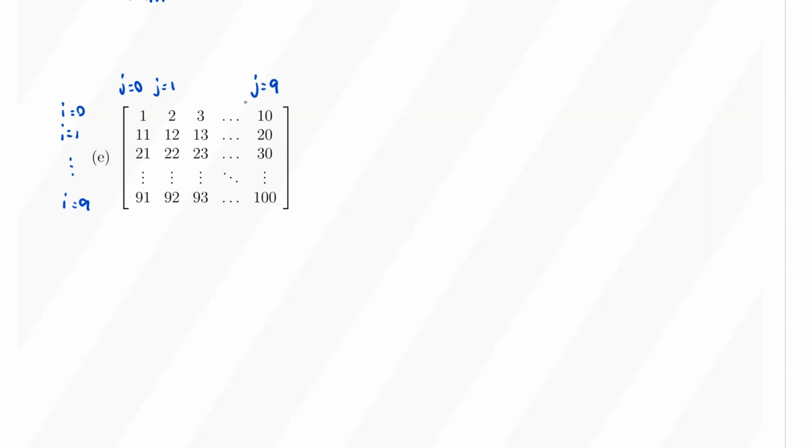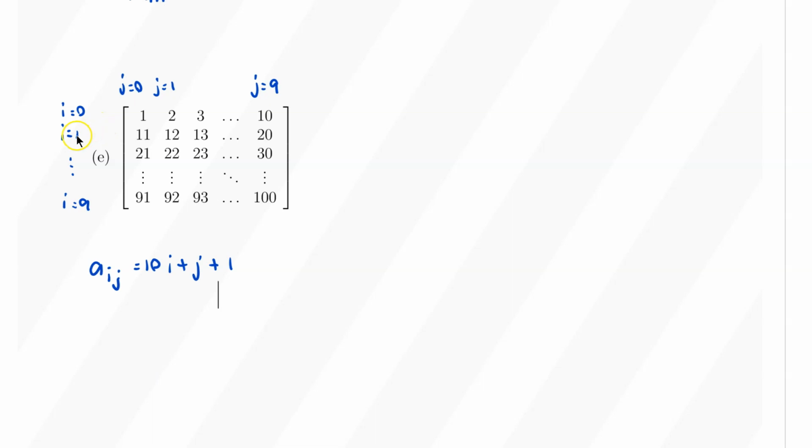Notice that I can write out the entry of the matrix a_ij. The entry in row i and column j is just going to be 10i plus j plus 1. When i is 0 and j is 0, I'm going to have 0 plus 0 plus 1, so I get a 1.